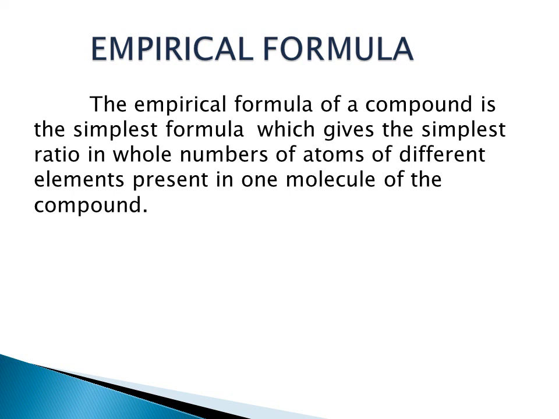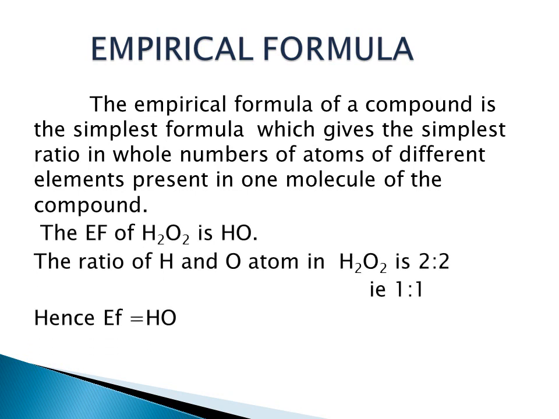For example, the empirical formula of hydrogen peroxide, H2O2, is HO. If I say the empirical formula of hydrogen peroxide is HO, what do you understand? You know that there are hydrogen atoms and oxygen atoms, but you are not able to say the correct number of hydrogen atoms and oxygen atoms.